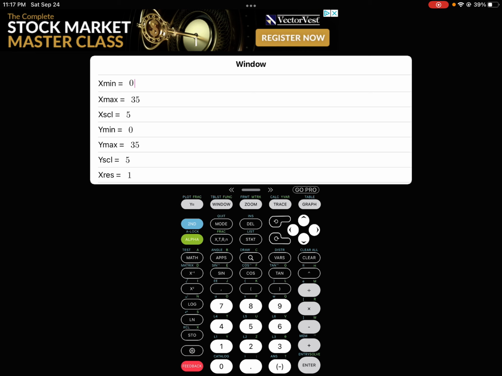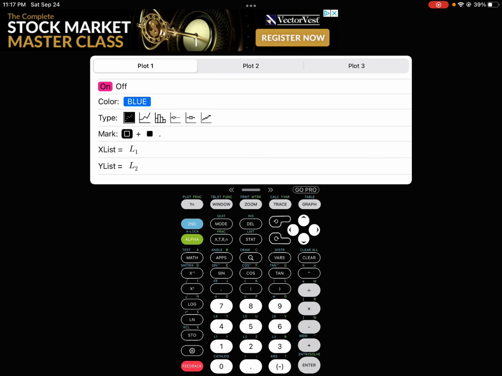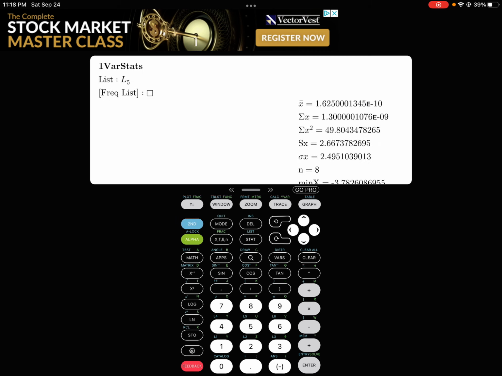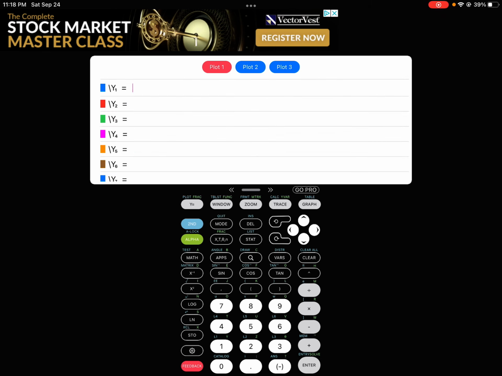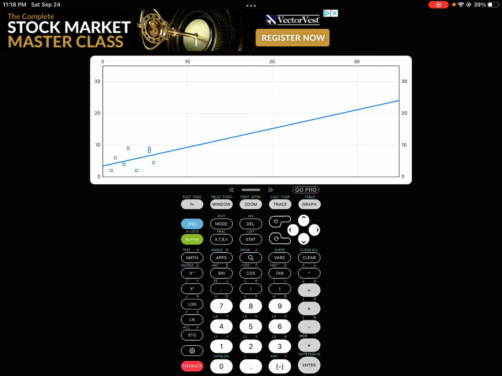And then I'm going to have plot 1 on as a scatter plot, pulling from list 1 and list 2. And I don't need to have plot 2 on. So there's my scatter plot, but it said it also wanted to have the least squares regression line included. So I'll go into y equals 3.43 plus 0.59x. That was the equation that we just got from our calculator. So if I were to graph that, we can see this picture here.